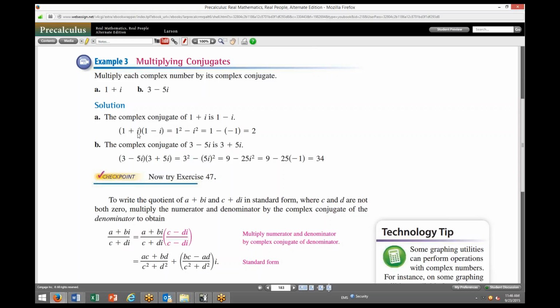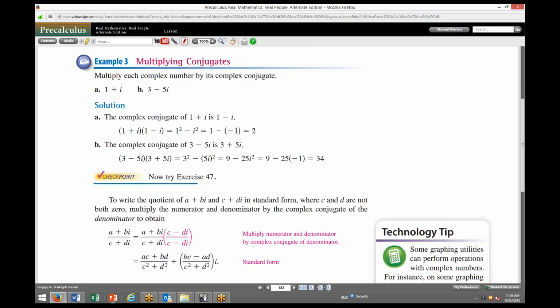The coefficients are actually 1 and negative 1, but if we just take the absolute value, 1 times 1 is 1 squared. That's what the product of 1 plus i times its conjugate 1 minus i becomes: 1 squared plus 1 squared, which is 2.